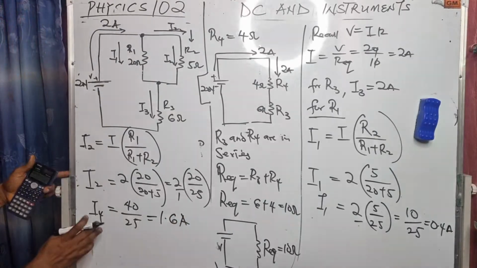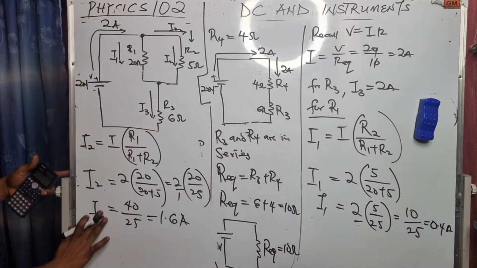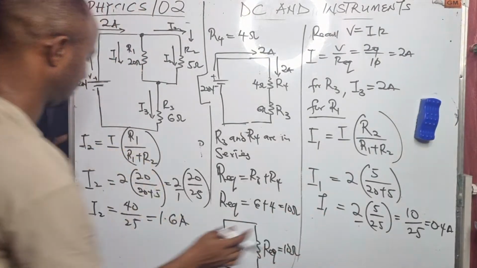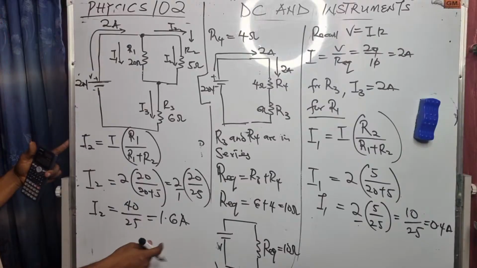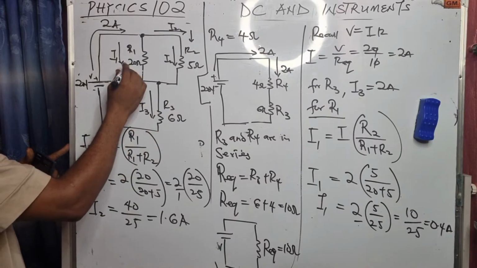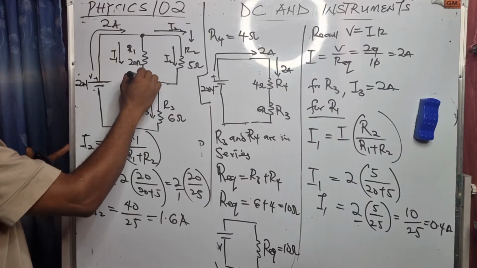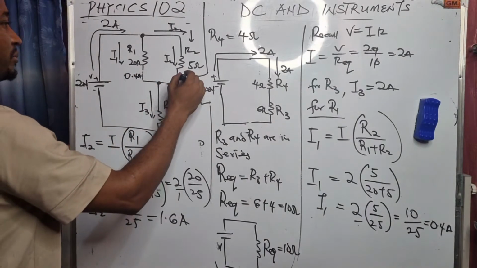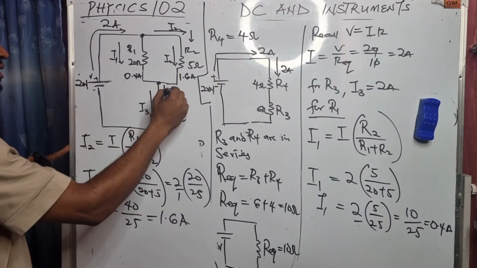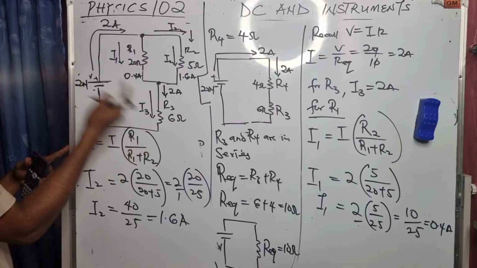Are you seeing that the sum of I1 and I2 is equal to what? 2 ampere. That means along my R1 we have 0.4 ampere, and along here we have 1.6 ampere. So when you add up this sum, we're going to have what here? 2 ampere flowing through what?